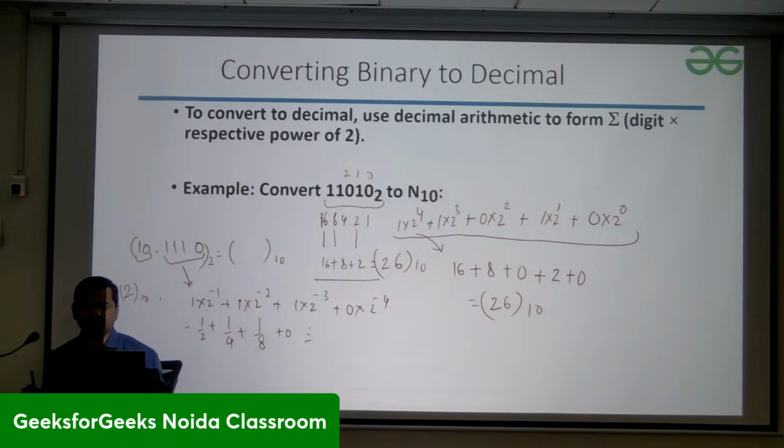Okay, so that we can say it is 0.5 plus 0.25 plus 0.125. Okay, and that is going to be 0.875 base 10. So entire result is going to be 2.875 base 10.